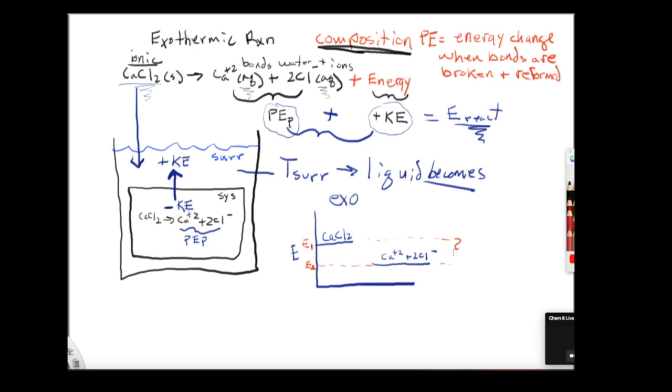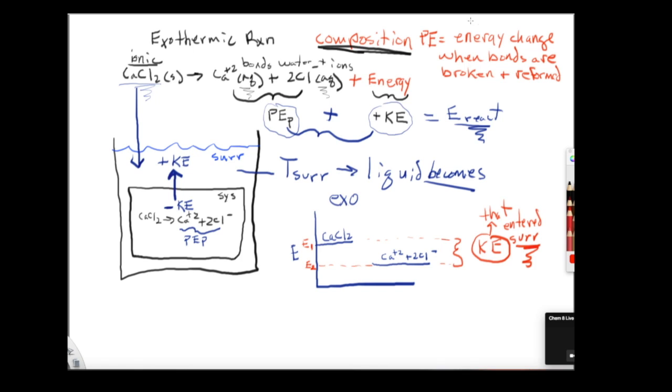So if we were to take this difference here, this is going to be the kinetic energy that entered the surroundings. That's what this is. And that's why the surroundings heat up.